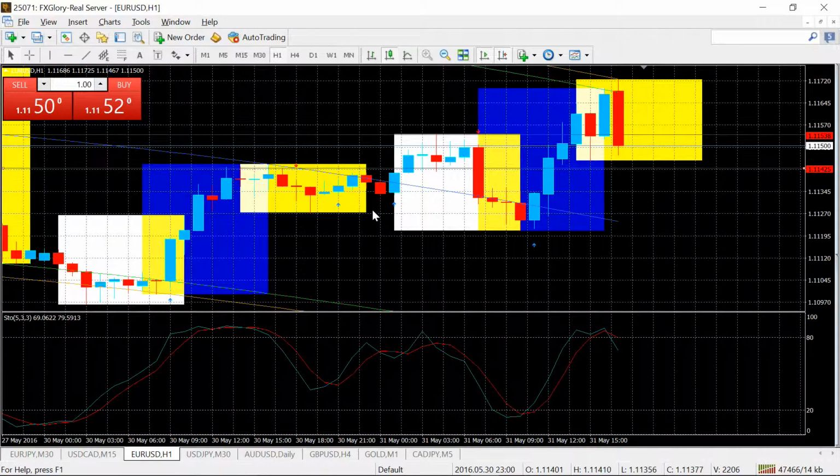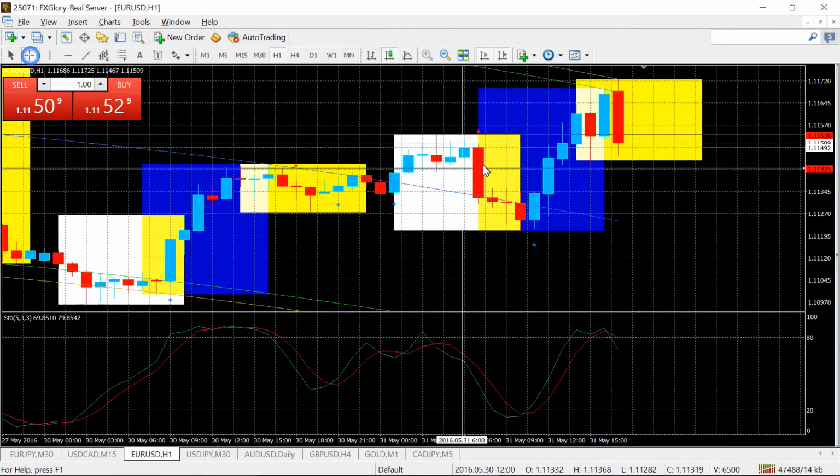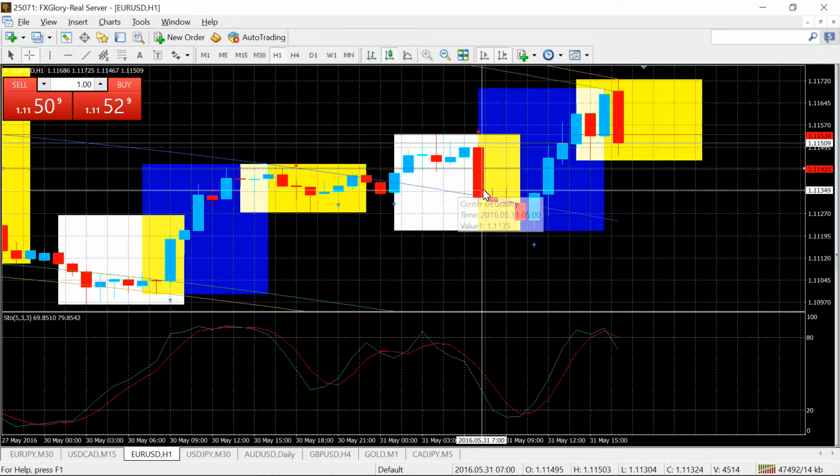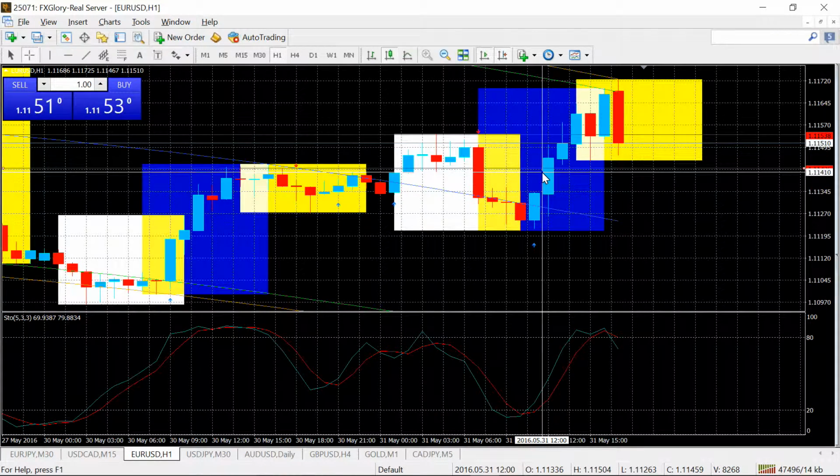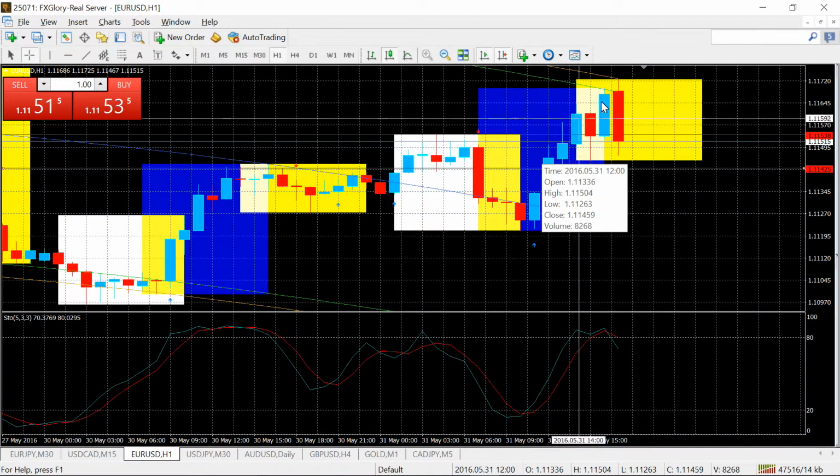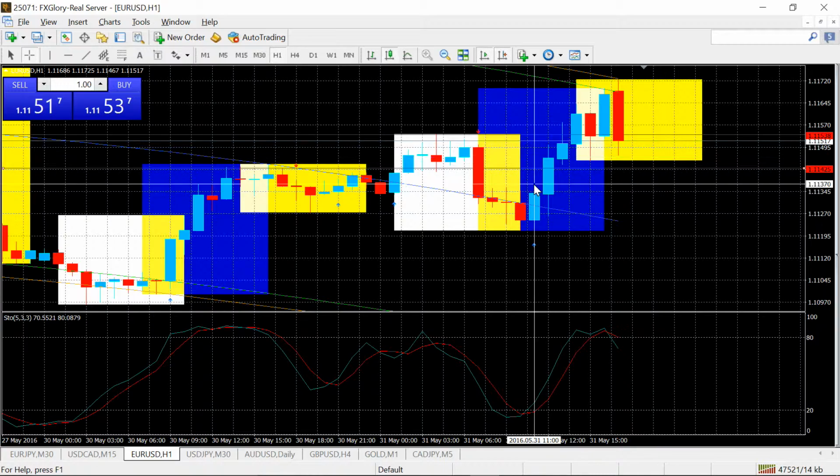You have 3 major trading sessions every day. The first one is the Asian trading session, which is the white box. The following one after that is the Europe trading session, which is the blue box. And you have the US trading session, which is the yellow box.